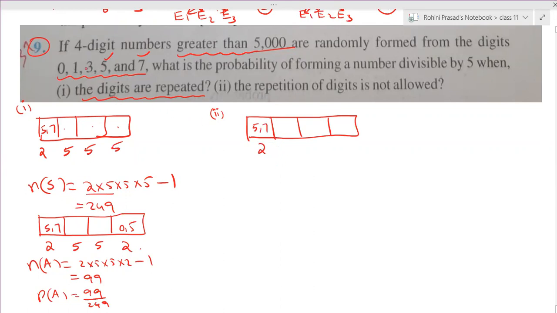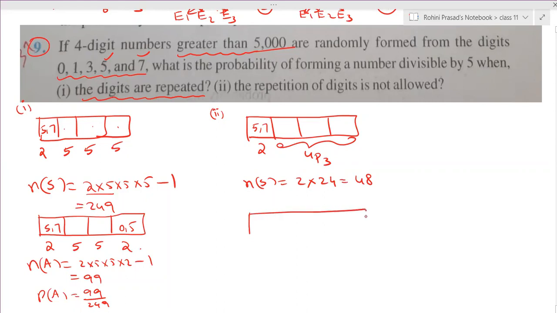But from the remaining 4 digits, you can fill any 4 here and any 3 here, 4P3. This time you need not subtract 1 because 5,000 is not possible. All 3 zeros is not allowed. Only 1 can be 0, if at all you include 0 in these 3. So this n of S is equal to 2 into 4P3, which is 4 factorial, 24, so 48.